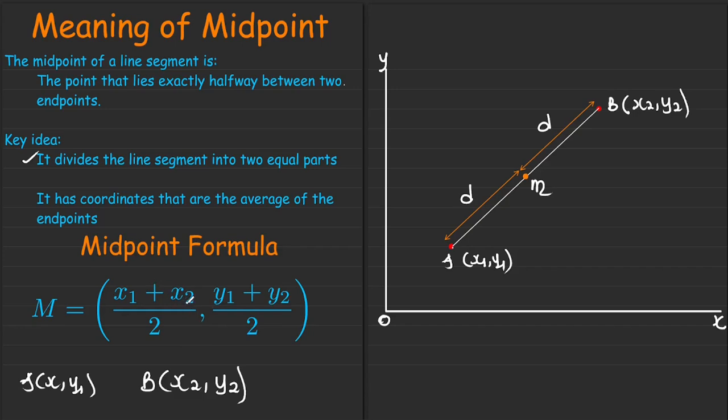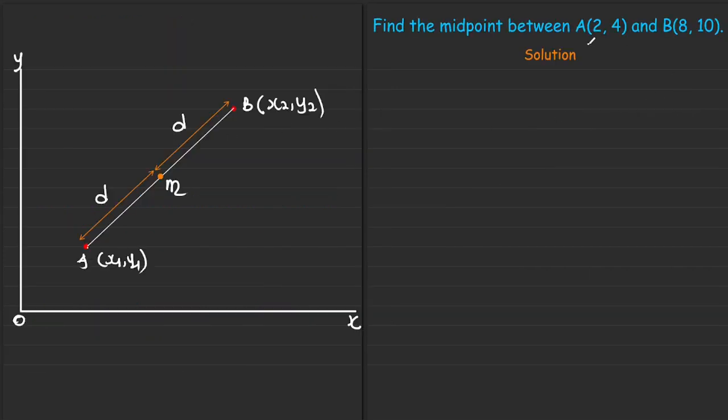Let's solve some examples so that we'll actually appreciate this formula. For this question, it says we have to find the midpoint between A, which has the coordinates 2, 4, and B, which has 8, 10. With that, we can easily identify our x1 and y1, and for this, we have our x2, y2.